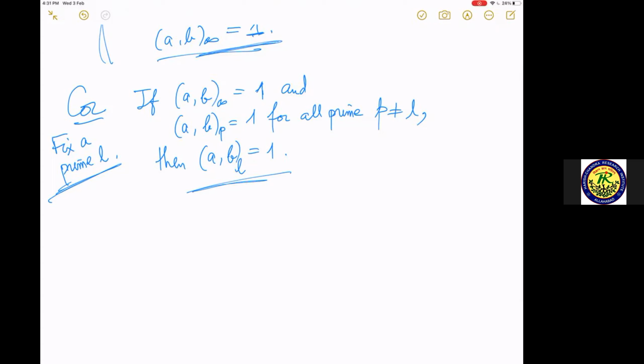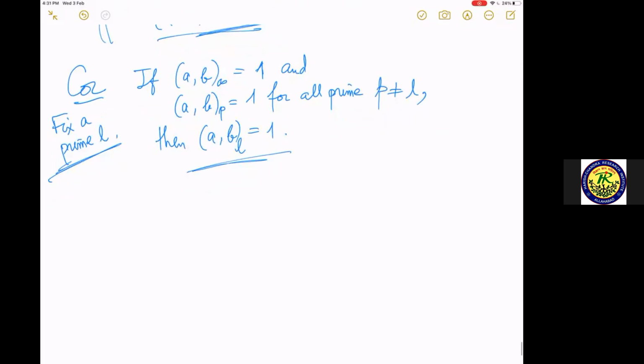So that's a slightly refined version of this exact sequence of local to global sequence of Brauer groups.